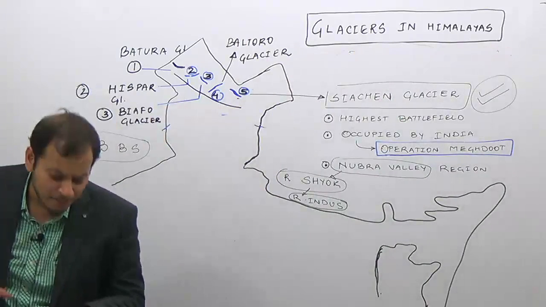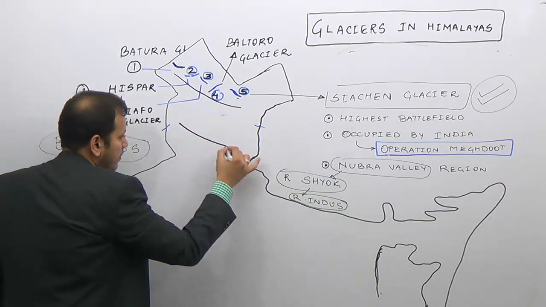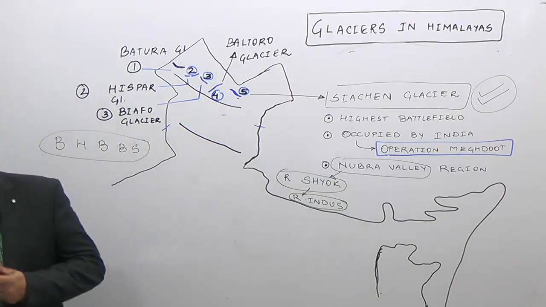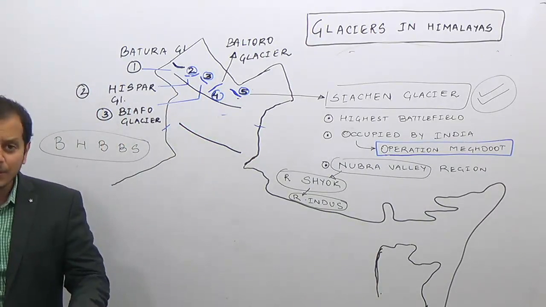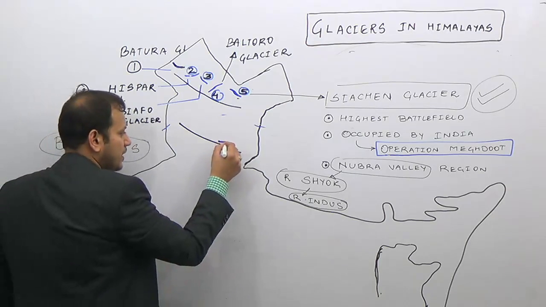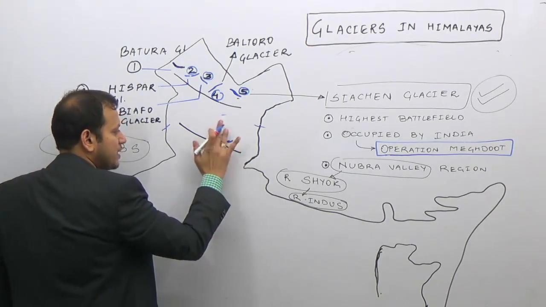After that, the important glacier of the Pir Panjal range. This is where the Pir Panjal range is located. Here, thankfully, we are not going to do many glaciers. There is only one glacier which is very important. That is the Sona Pani Glacier. So I am writing it as the sixth glacier.